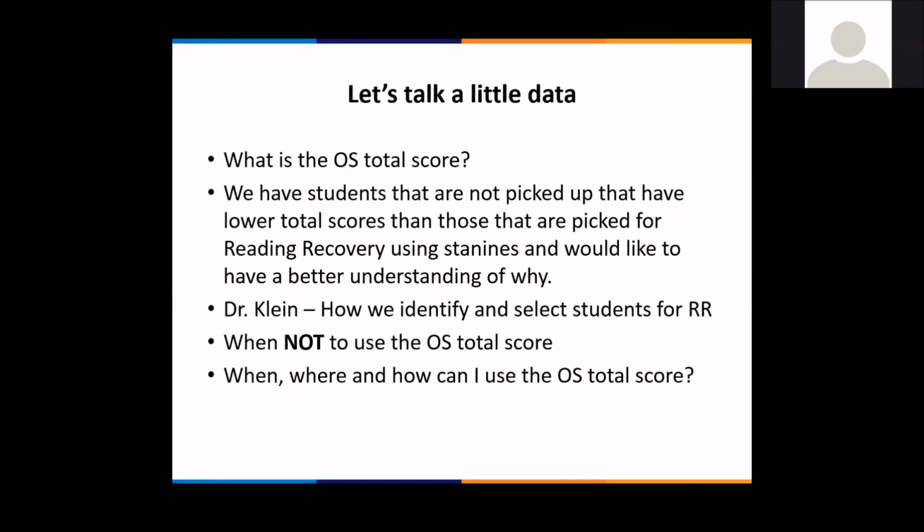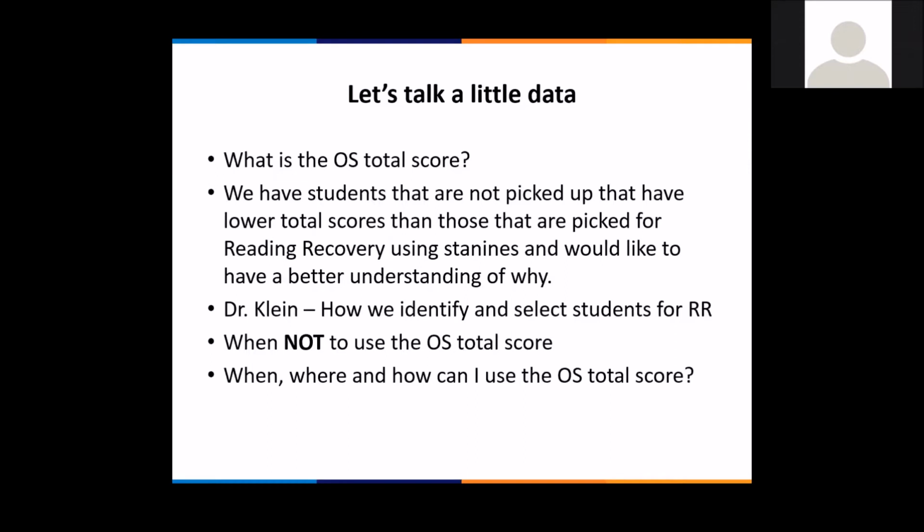So, let's talk a little data. I've broken this video podcast out into a couple of sections. First, we're going to talk about what the OS total score is. Then we'll address the question that we have students that are not picked up that have lower total scores than those that are picked up for Reading Recovery using Stanines. Then we're going to play Dr. Adria Klein's comments about how we identify and select Reading Recovery students.